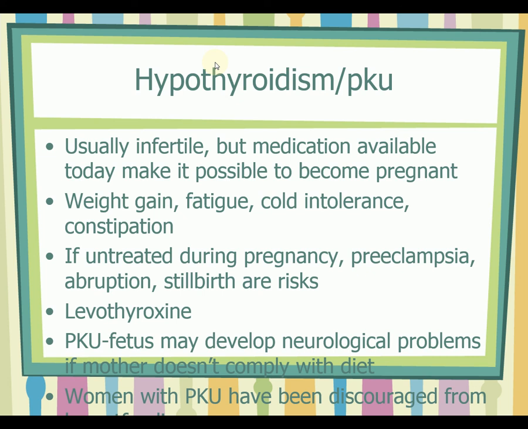And if mom's having an excessive amount of phenylalanine, it's passing over the placenta, and the baby is developing high levels and will be affected more severely with the neurological problems than if he was born and we were able to take care of the PKU by diet and getting rid of the phenylalanine in the baby's diet.